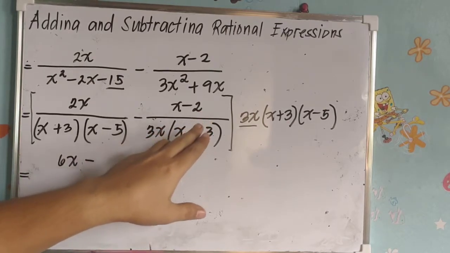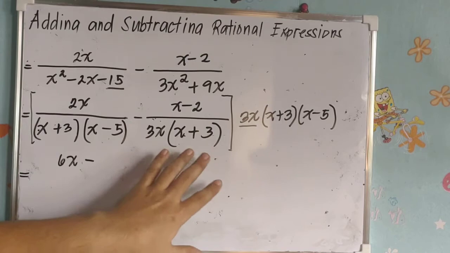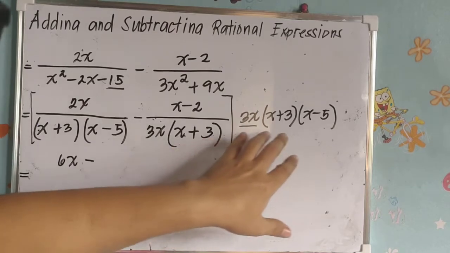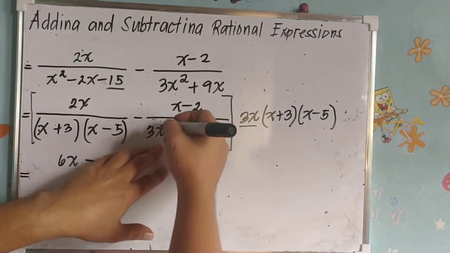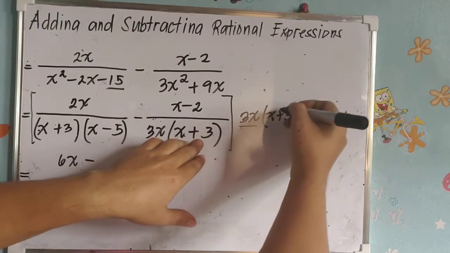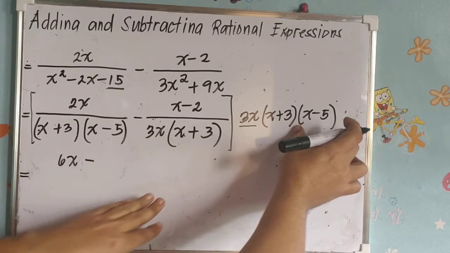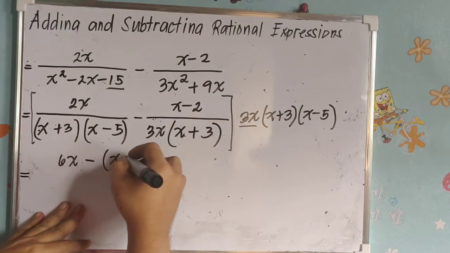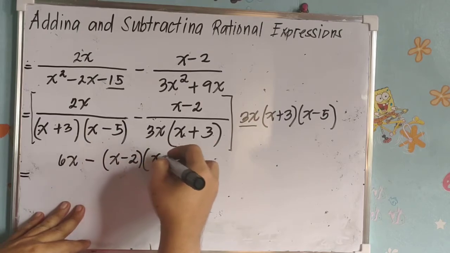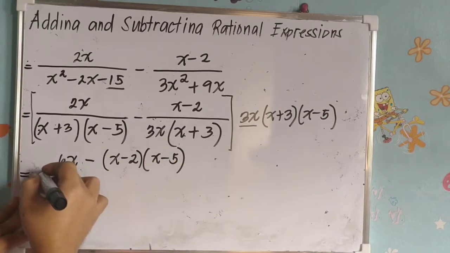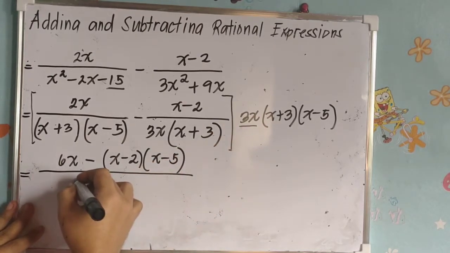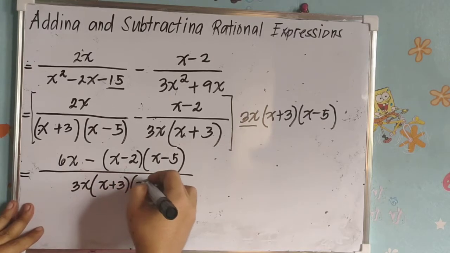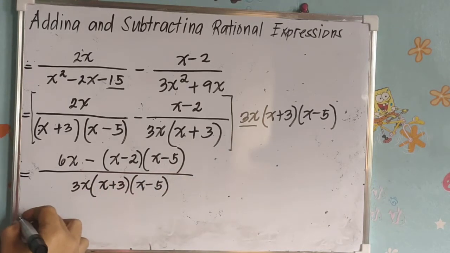Minus x minus 2 over 3x times the quantity x plus 3 times our LCD. So 3x will be cancelled here, same with x plus 3. The remaining factor is x minus 5. So we have the quantity x minus 2 times the quantity x minus 5, all over the LCD 3x times the quantity x plus 3 times the quantity x minus 5.